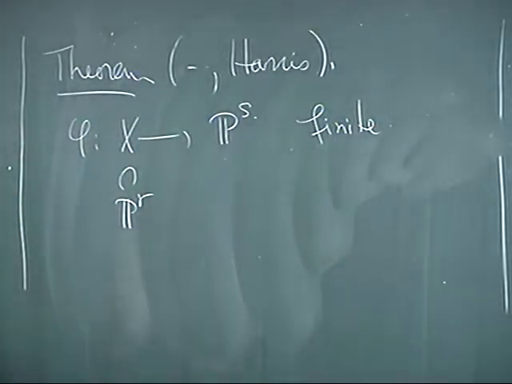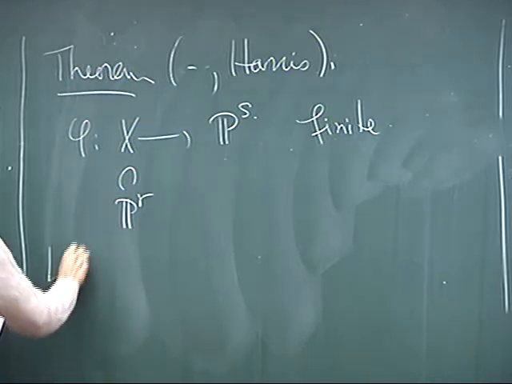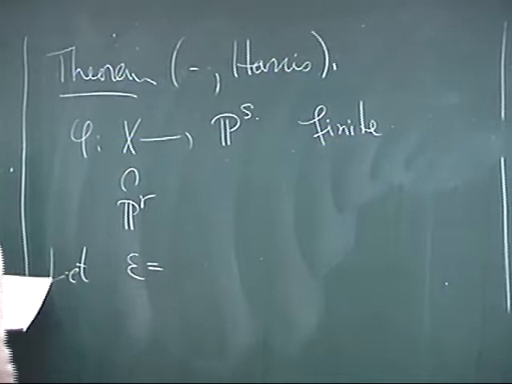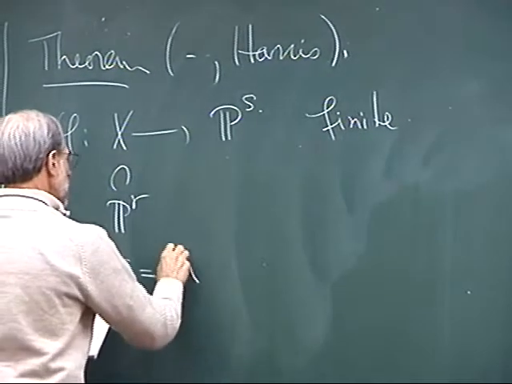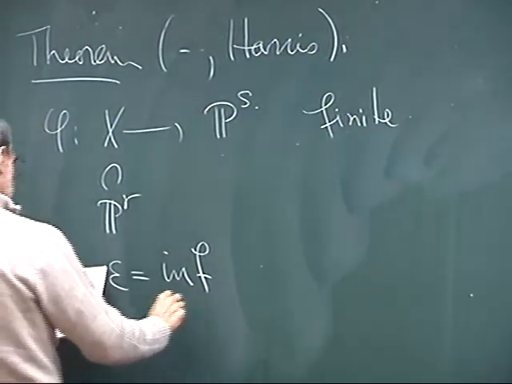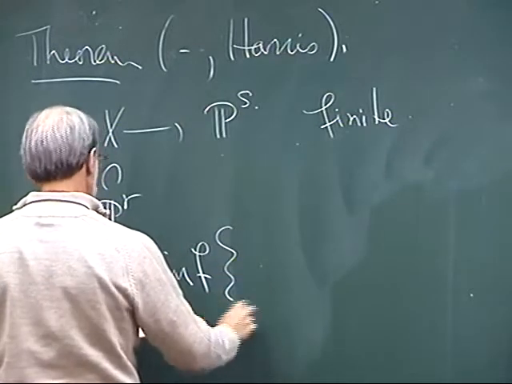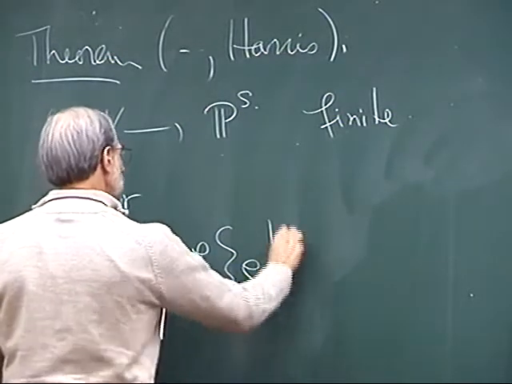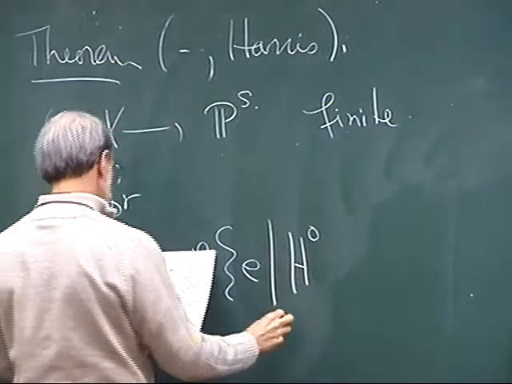I'm going to state this in a rather abstract way, and then I'll try to make it more concrete afterwards. So let epsilon be the following funny number. It's supposed to be the infimum, in principle it could be infinite, of the numbers e such that the following map is surjective.